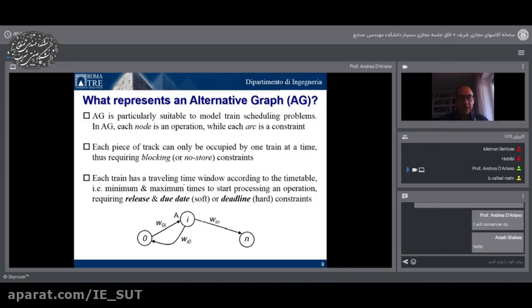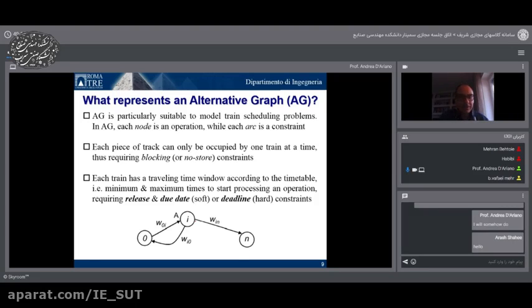According to scheduling theory, we call these arcs release arcs when you want to fix a minimum time. For example, here you have node I and the release arc is node 0I. Or you can fix a due date if you want to fix a maximum time to start an operation. That is the arc IN. If you represent it as a due date, it's not mandatory. You would like to satisfy that constraint, but it's not a must.